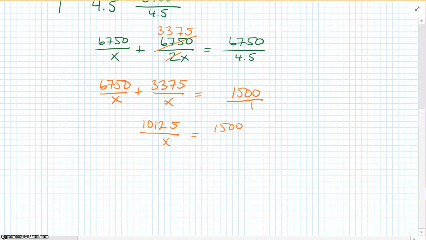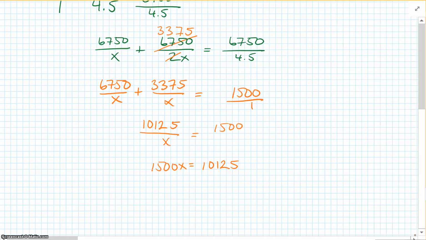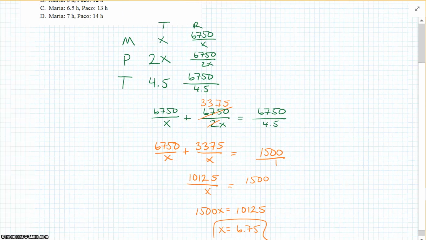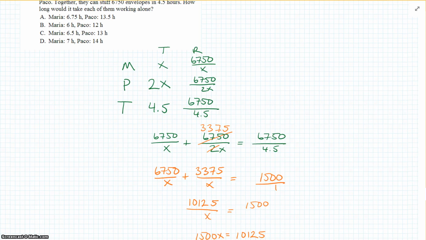Now multiply each side by x. So I've got 1,500x equals 10,125. So 10,125 divided by 1,500 equals 6.75. So x equals 6.75. So it takes Maria 6.75 hours and Paco 13.5 hours.